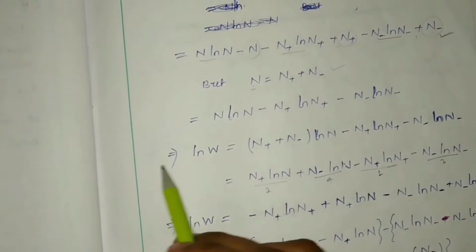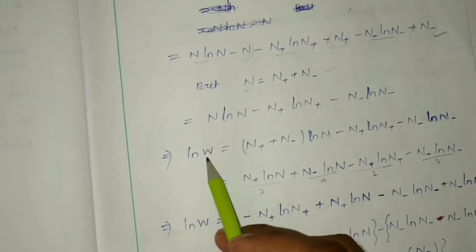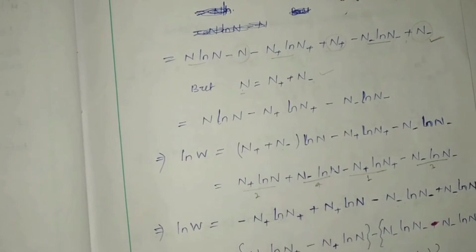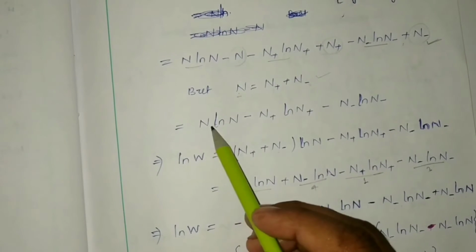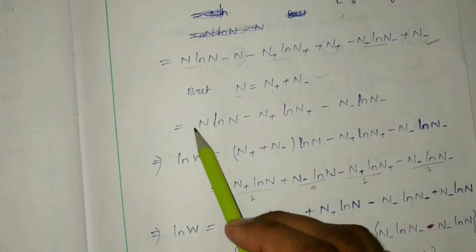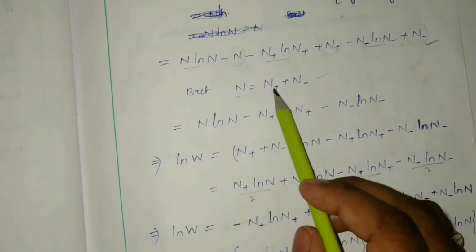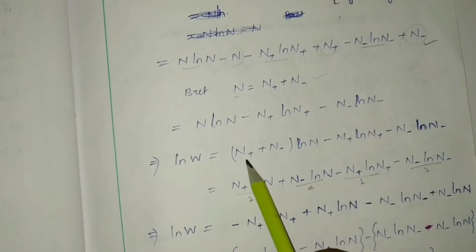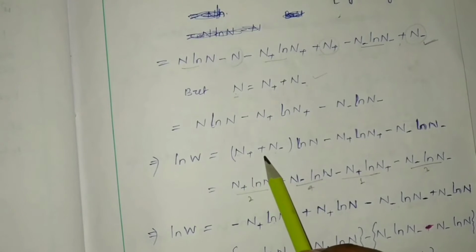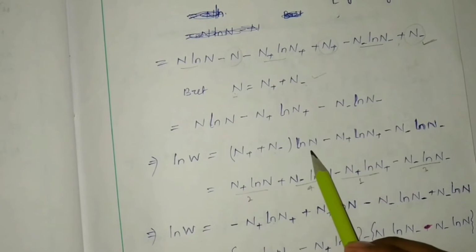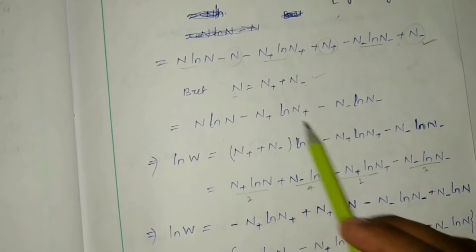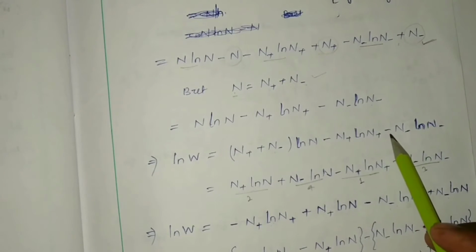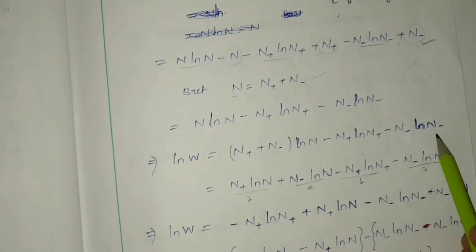So that implies ln W is nothing but equal to how much? You can see here, instead of n we can write n plus n minus. So instead of n, I have written n plus n minus ln n minus n plus ln n plus minus n minus ln n minus.